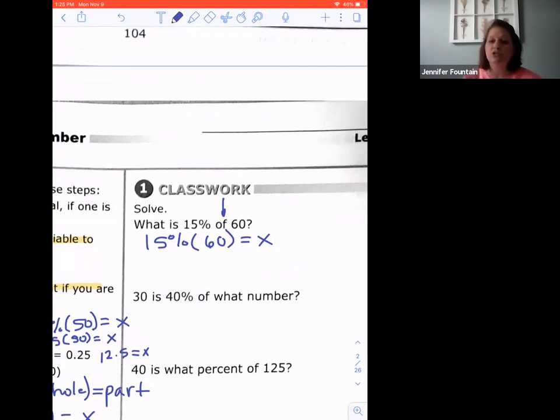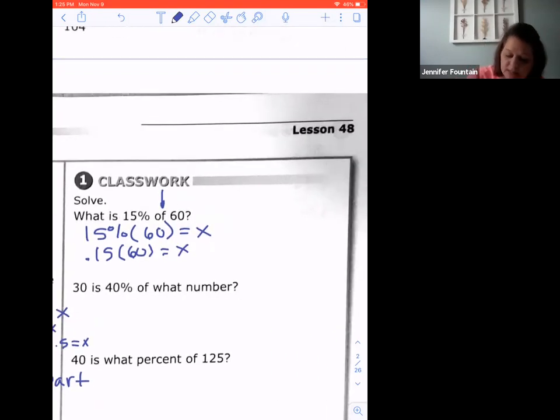Step one said I have to change my percent to a decimal, and we've worked on changing percents to decimals. This means I move my decimal 2 places to the left and drop my percent sign. So 0.15 times 60 equals X. I'm going to multiply 0.15 times 60. So remember, this will be the same as 60 times 0.15.